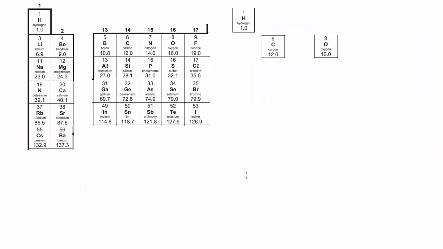If you refer to the periodic table, you can see oxygen here. So the Mr of O2 is going to be the relative atomic mass, 16, of oxygen multiplied by the number of atoms in the molecule, which is 2. You work that out and find that it's 32, in grams per mole.